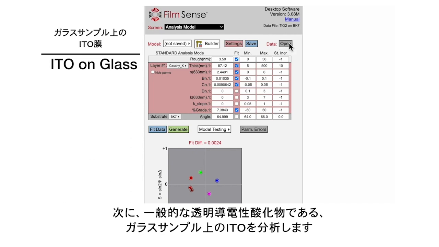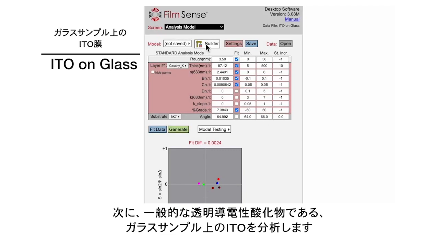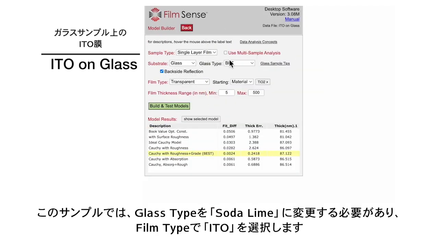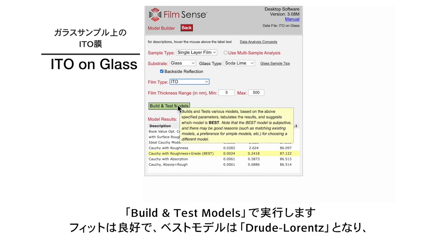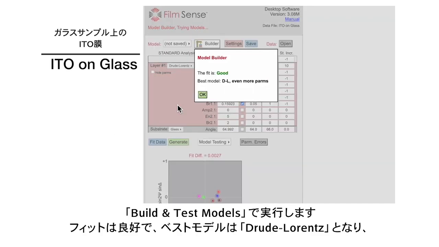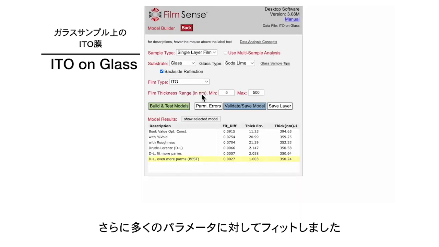Next, we will analyze an ITO on glass sample, which is a very common transparent conducting oxide. For this sample, we need to change the glass type to soda lime, and we will select the ITO film type. Then build and test models. And for this sample, the best model used a Drude-Lorentz oscillator layer fitting for even more parameters.